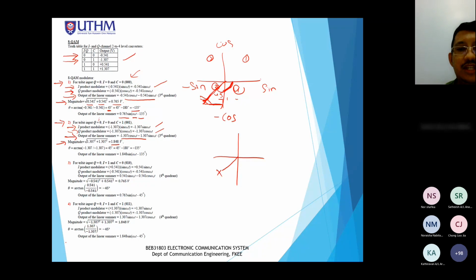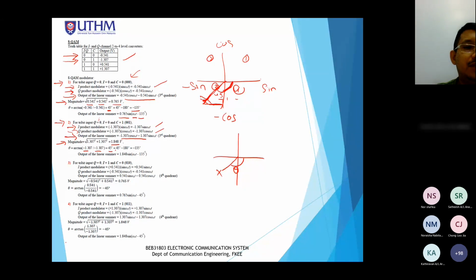What about the theta? The theta is arctangent of minus 1.307 divided by 1.307, and you get 45 degrees. Remember, when you use a calculator in this example, you need to use degree mode. Your calculator must be in degree mode.